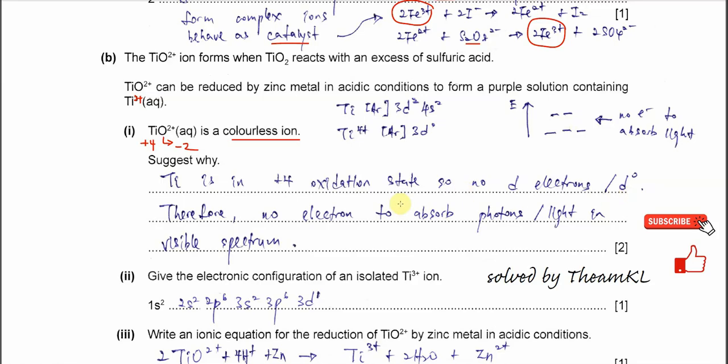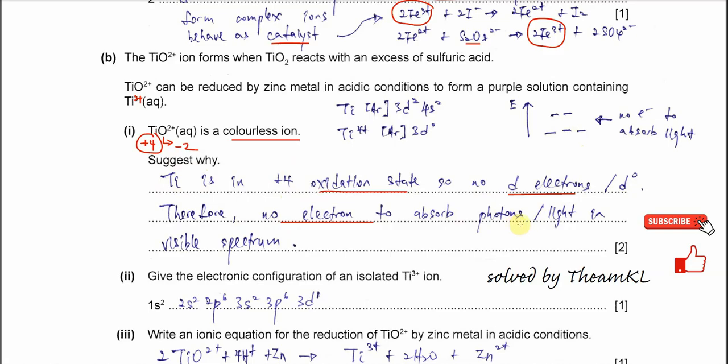That's the theory. Okay, so this is the answer. The titanium is in the +4 oxidation state, as I told you just now. So no d electrons in the orbitals or subshell. Therefore, no electrons to absorb the light or photons.